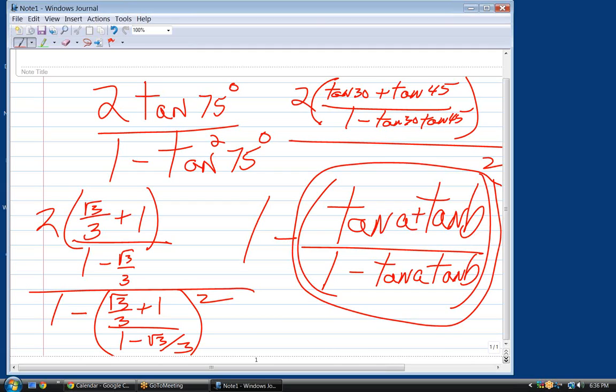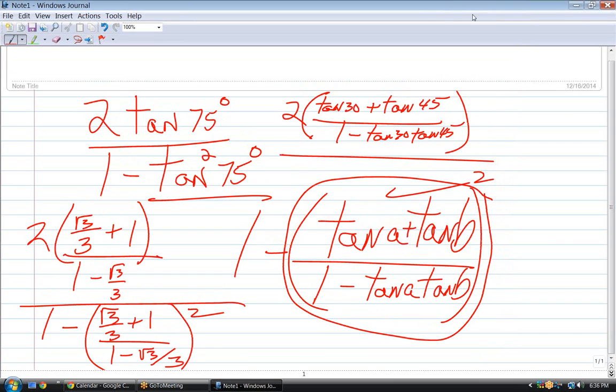Yes. The bottom is 1 minus, oh yeah, this thing right here is what was equal to this. Okay? Now I just have to reduce that thing.